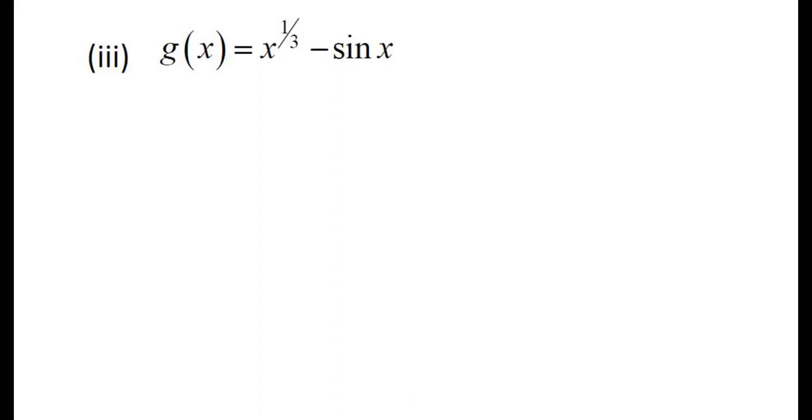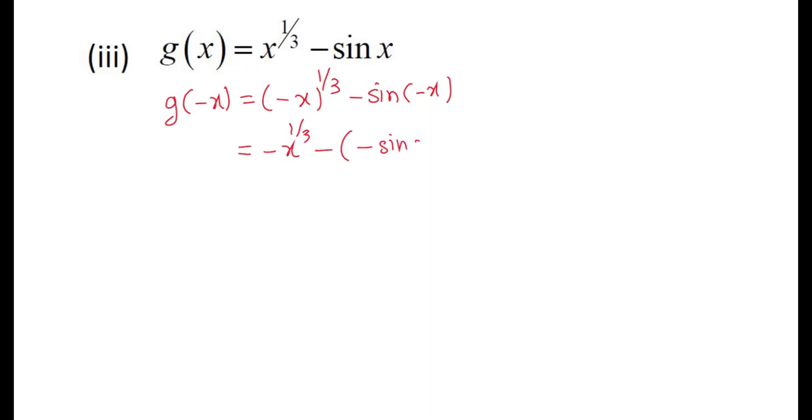Okay, the third question, example 3: g(x) equals x to the power of 1/3 minus sine x. So g(negative x) equals negative x to the 1/3 minus sine of negative x. So we will get negative x to the 1/3 minus sine negative x, which is negative sine x.